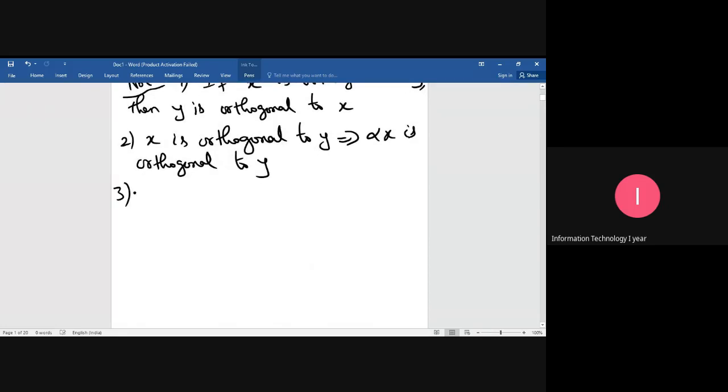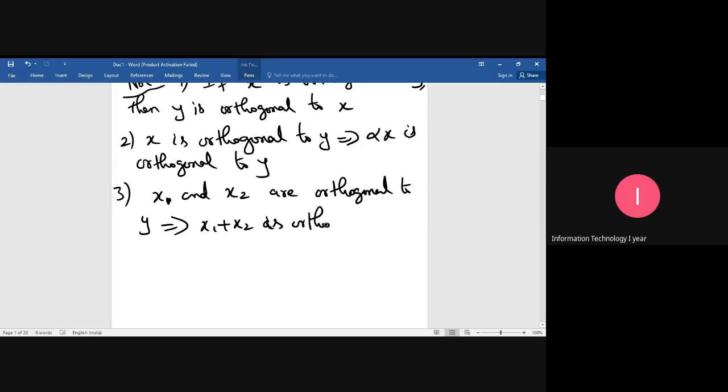The third note says x1 and x2 are orthogonal to y. There are two vectors orthogonal to y, which implies x1 plus x2, the addition of the vectors, is also orthogonal to y. So this is the third note.